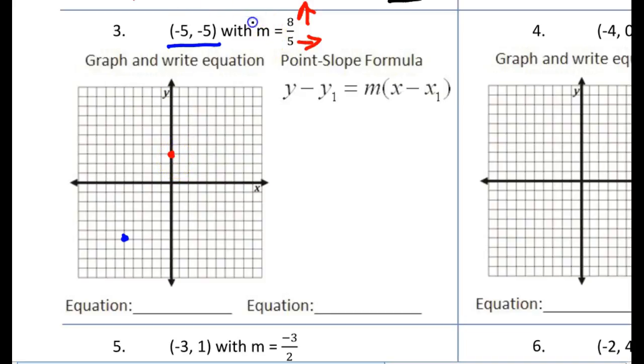We already know from here that the equation will start with y equals 8 over 5x. But now we know from the graph that it's going to cross at positive 3.